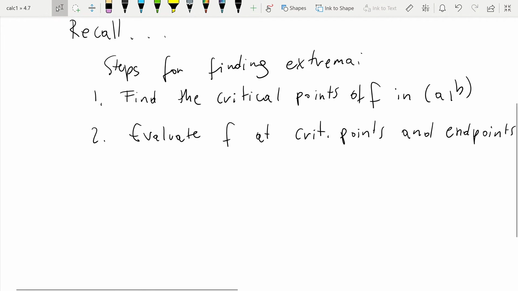Okay, so we need to record those values to compare them in the end, which is the third step.